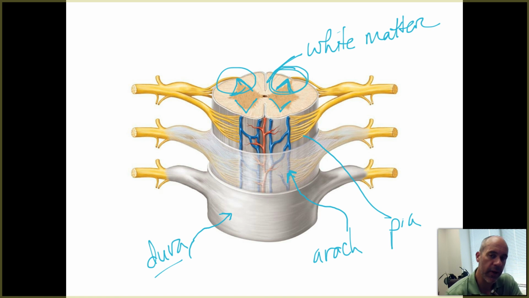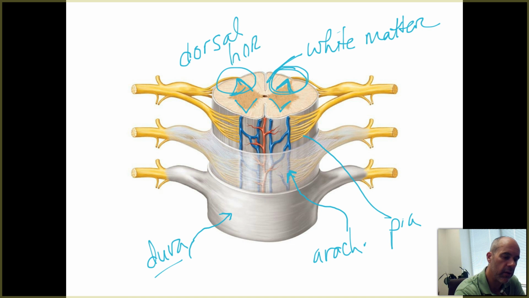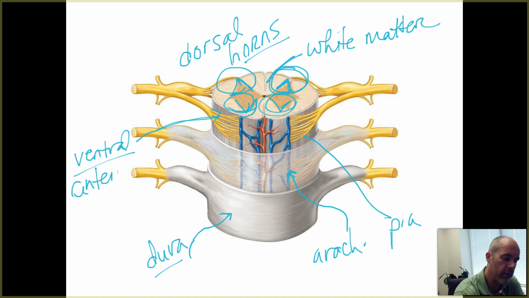So those two kind of pointy areas of the gray matter there, those are the dorsal or the posterior horns. And then these kind of pointy areas here and here, those are your ventral or your anterior horns of the spinal cord.